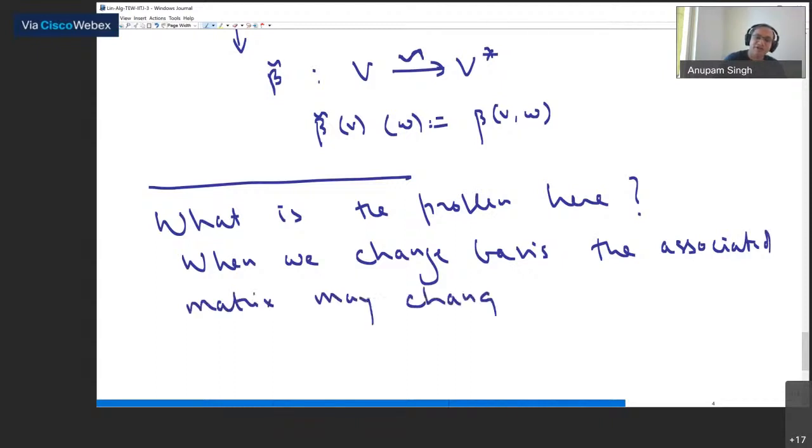As we saw in the case of a linear transformation, if we fix one basis, we get a matrix. But if we take another basis, we might get a different matrix for the same linear transformation, right? So the same thing happens here also. If I begin with one bilinear form, and if I fix one basis, I get a matrix. But if I take another basis, for the same bilinear form, I can get another matrix. And as usual, you will ask the question of how they are related, right? That's the question.